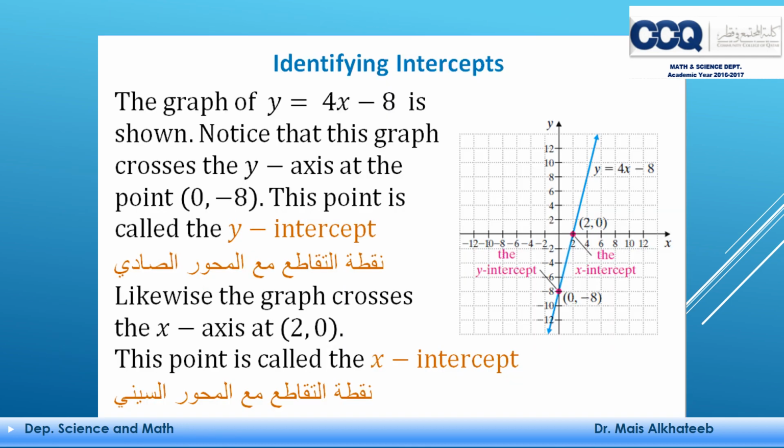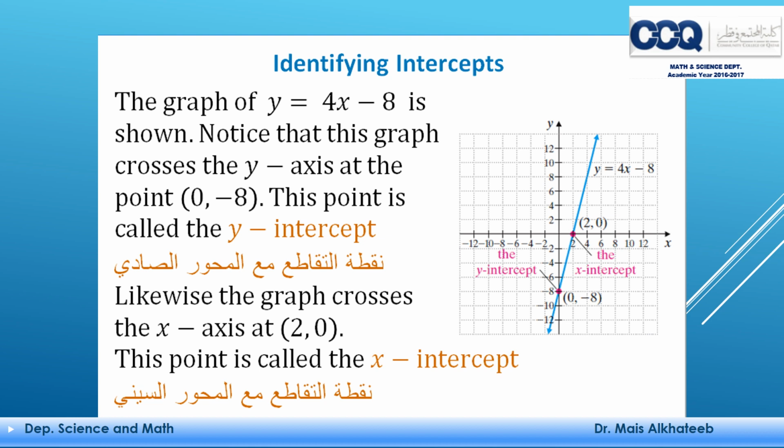Now we will define another method in graphing. But at first we will define the x-intercept and y-intercept. Define the intercept. What is the intercept of the graph? We take the same example. The graph of y equal 4x minus 8 is shown.